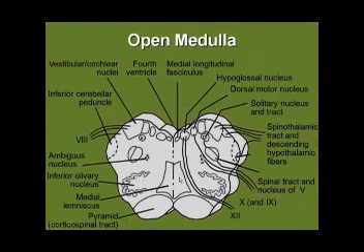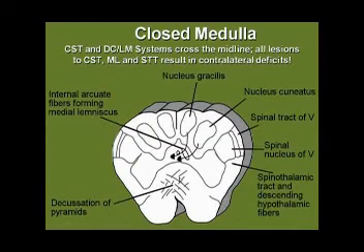Finally, let's look now at a closed or lower medulla section, closed because a lower medulla section contains the superior part of the central canal, which will extend through the spinal cord. And the closed medulla is very important, as we say on the slide, not so much because of cranial nerve structures that are found there, but because the lower medulla, closed medulla section, is the area where 2 of our 3 neural systems have axons that cross the midline.